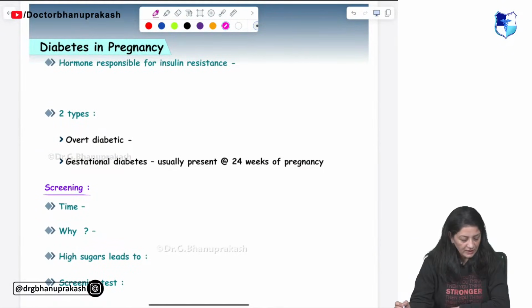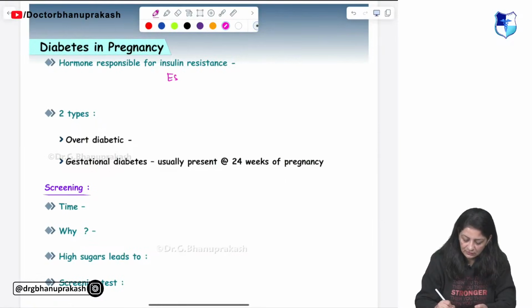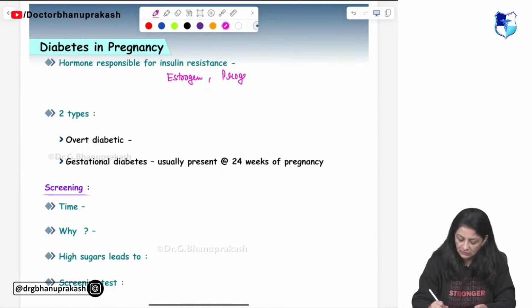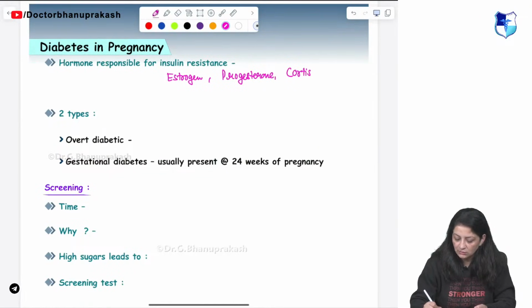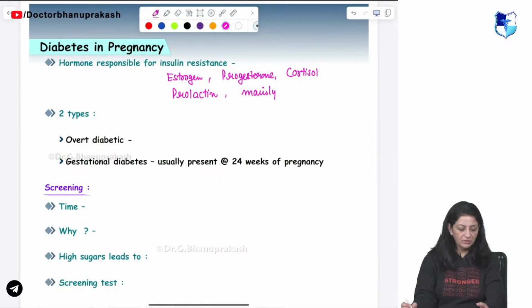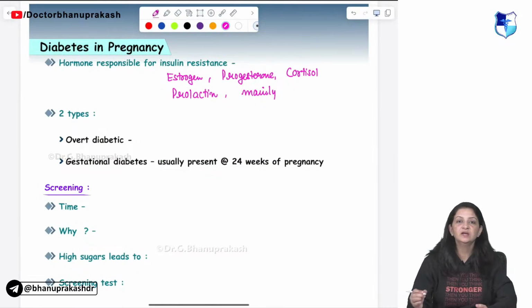Next topic is diabetes in pregnancy. So which hormone is responsible for insulin resistance? Estrogen, progesterone, cortisol, prolactin, but mainly which hormone is responsible for insulin resistance?